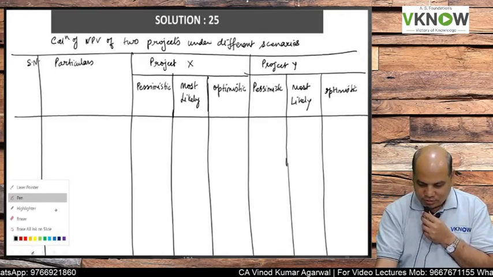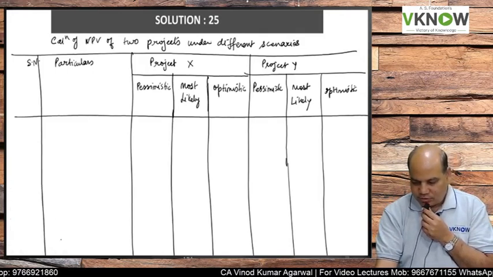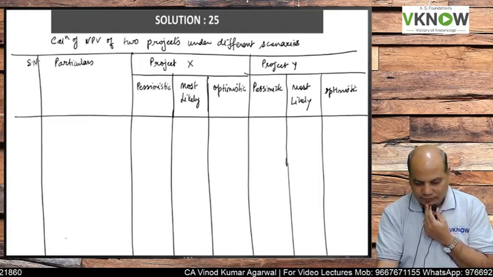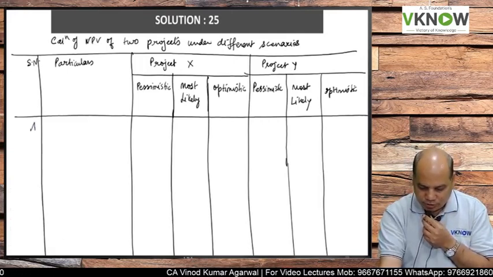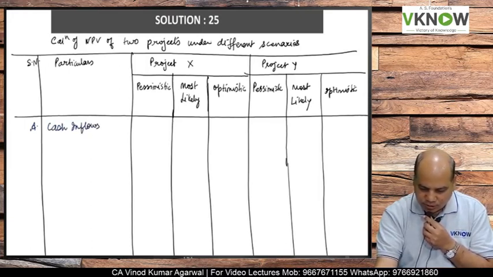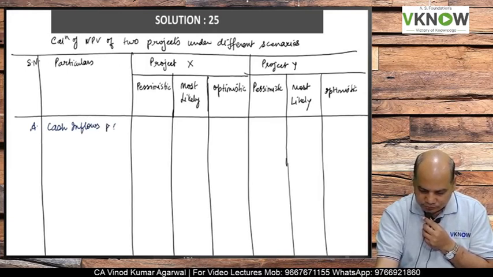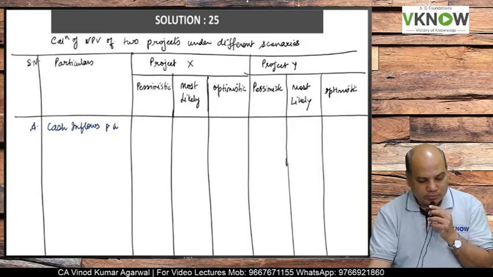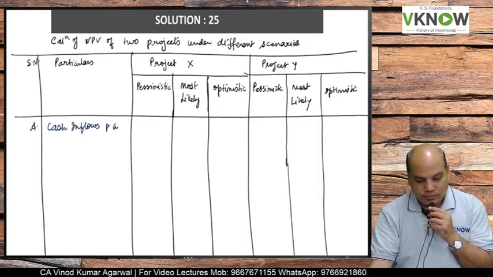So let us solve this amazing question. First point A, write down cash inflows per annum. You have to answer.